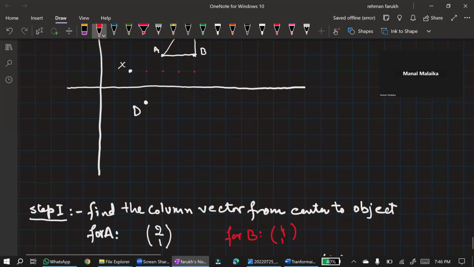Yes, we will draw this column vector from the center. From X, 1 towards the right and 4 units down. This one is E.